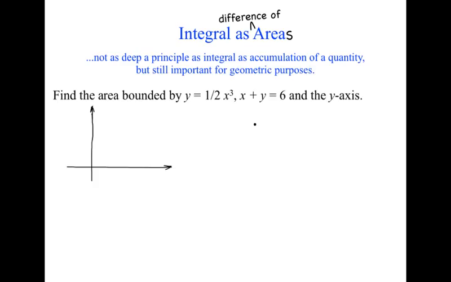Adrian, saving us. X cubed goes through the origin. Then it's concave up from there. So that's y equals x cubed. We're doing 1/2. Hopefully we got that.